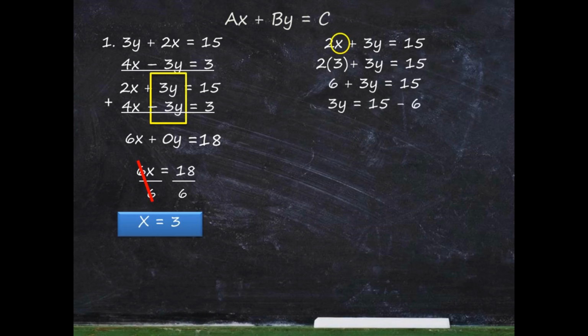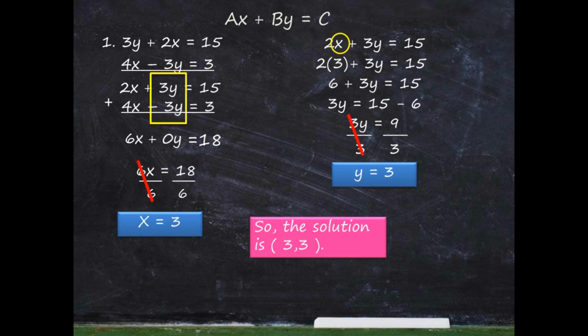Transpose 6 to the other side. So 15 minus 6 is 9. So we will have a new equation, 3y equals 9. Divide both sides by 3 to get the value of y. So y is 3. And lastly, write the solution as an ordered pair, (3, 3).